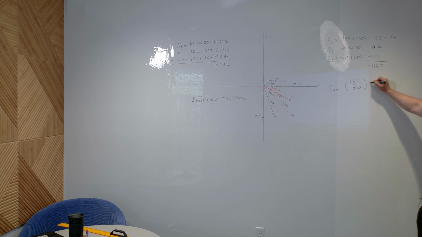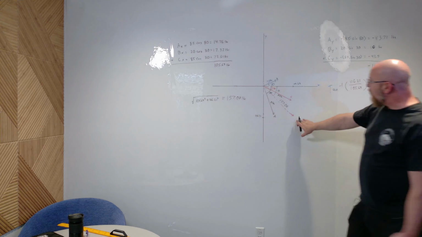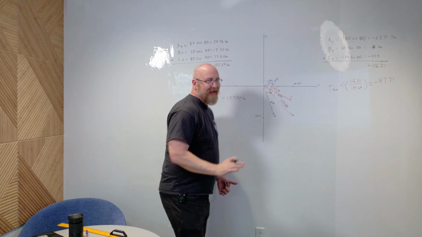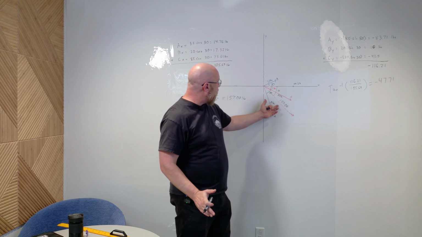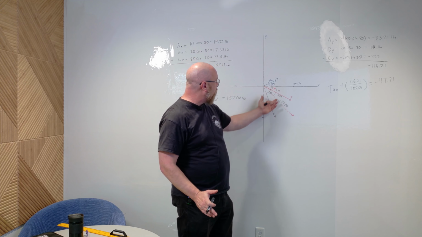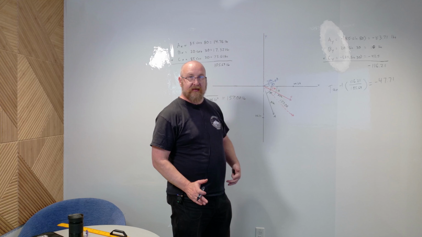Our angle comes out to be negative 47.71 degrees. And when we look, our approximation got really good at the angle. The length it didn't do as well at, but our approximation did really good at the angle because this looks like 47 degrees. That looks slightly off of 45.